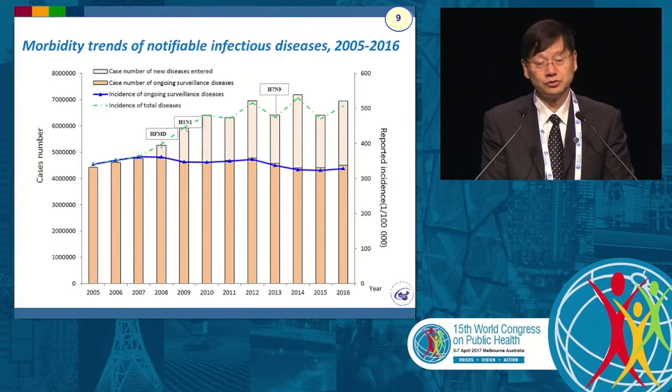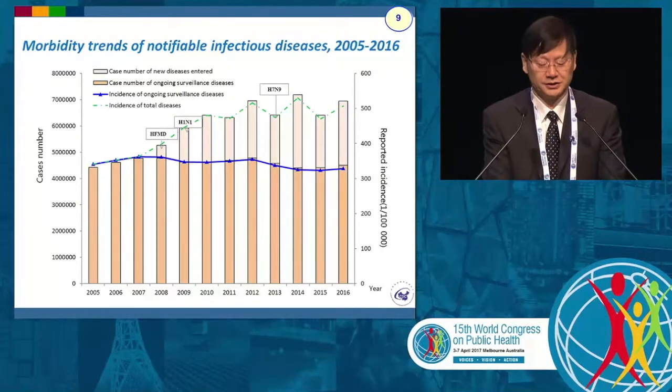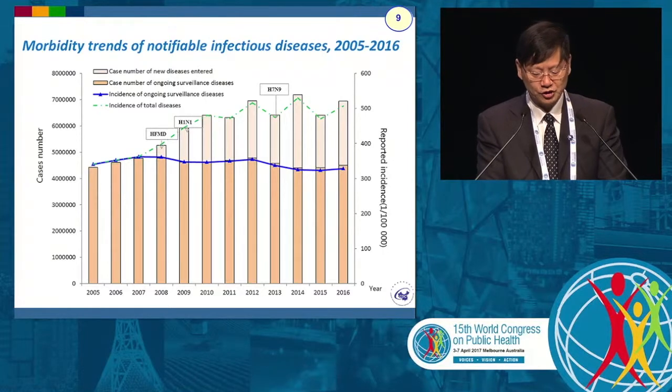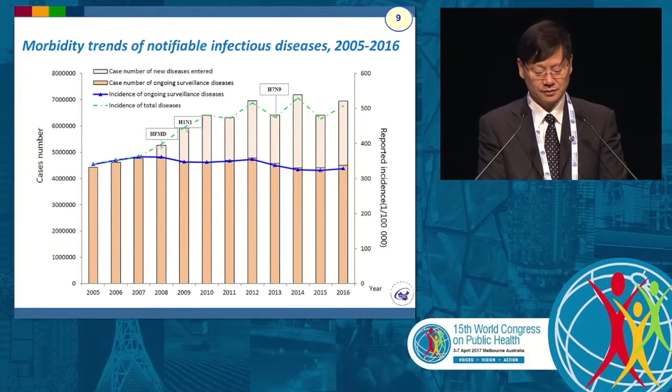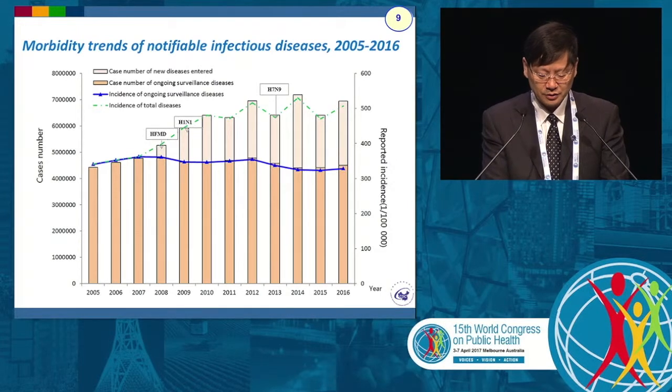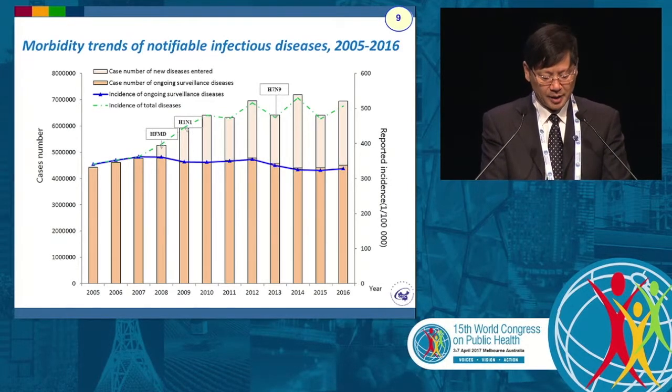This figure shows the morbidity trend of notifiable infectious diseases from 2005 to 2016. 3 newly added diseases, including hand, foot, and mouth disease, H1N1 and H7N9, made the overall incidence rate increase each year.